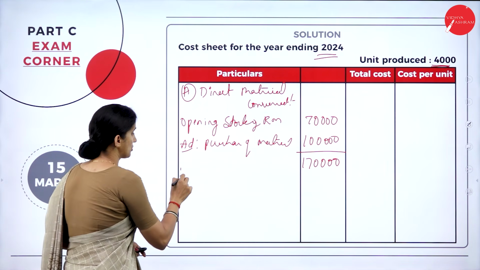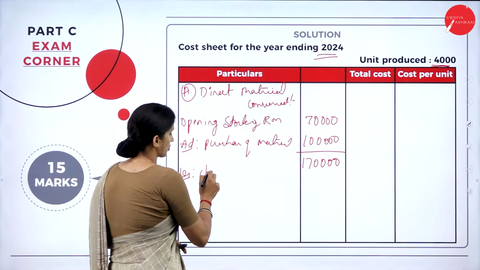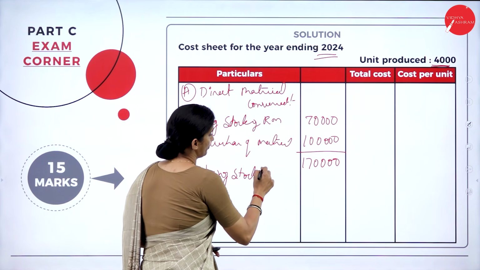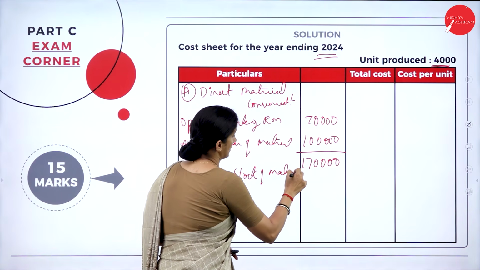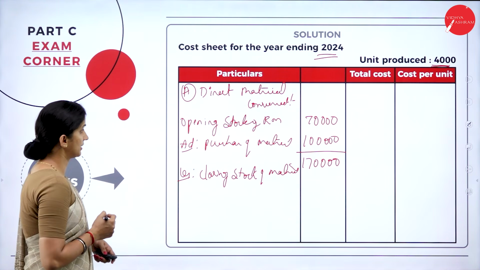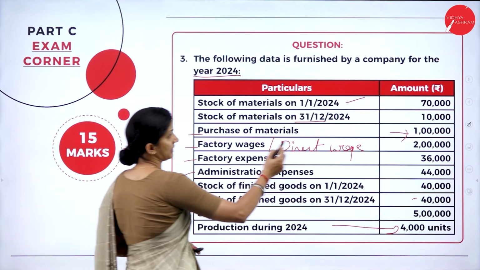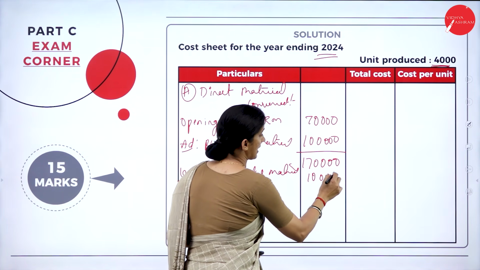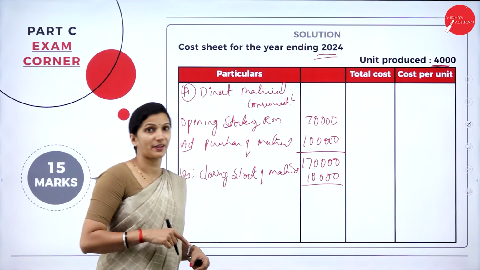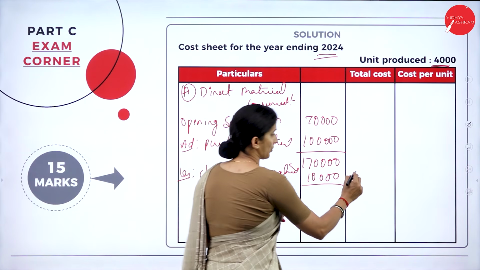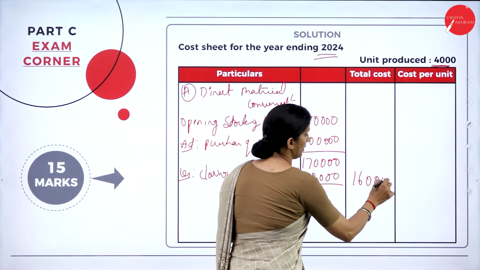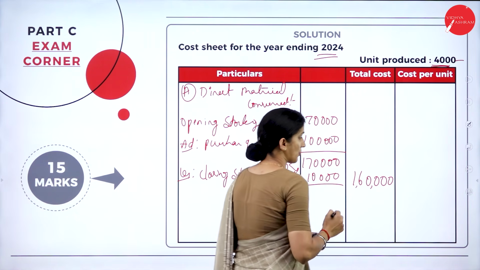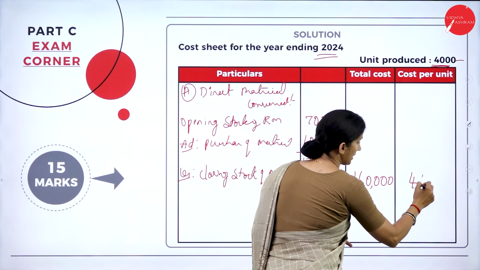And from this we need to deduct closing stock of material. Here it is given in the question, closing stock of material is 10,000. So the exact cost of raw material used in the year 2024 is 1,60,000. Divided by the number of units produced, 4,000, the per unit rate will be 40.